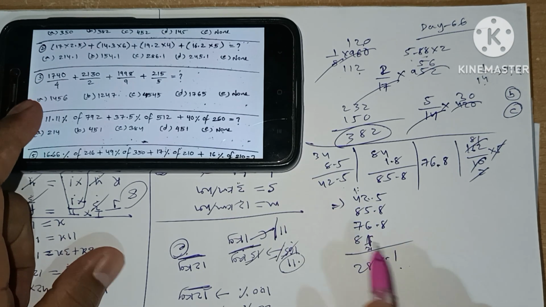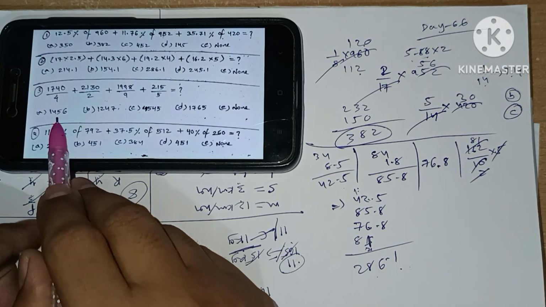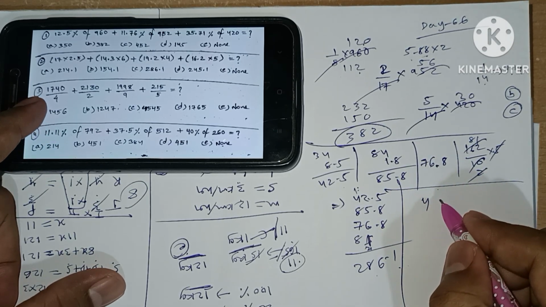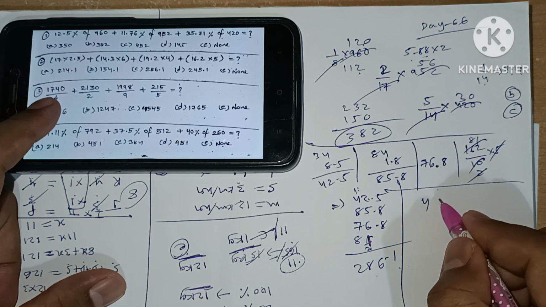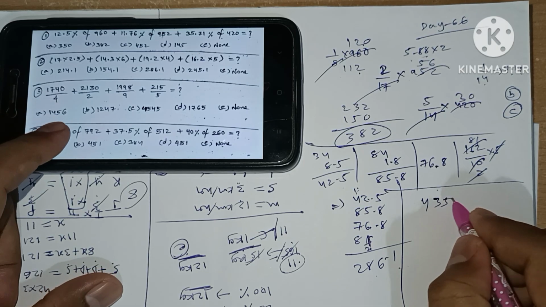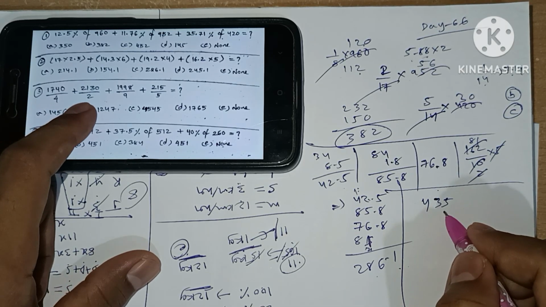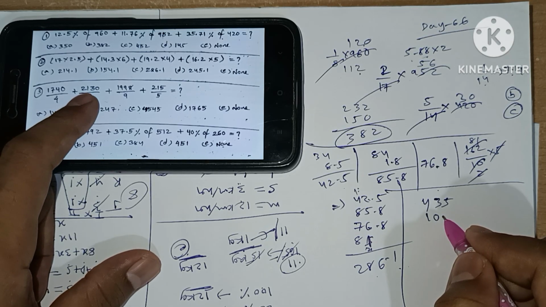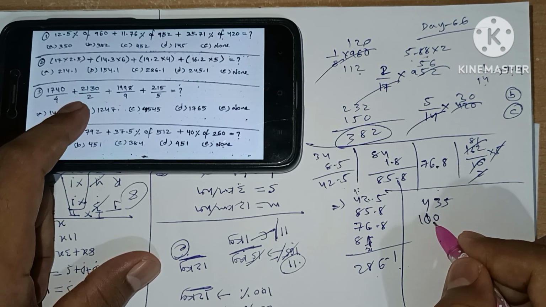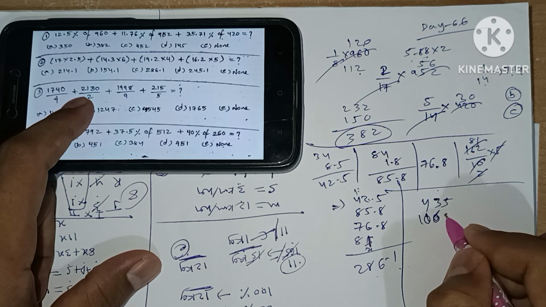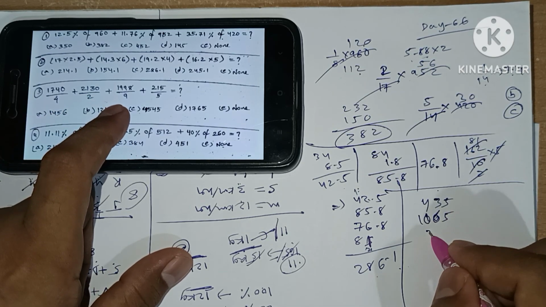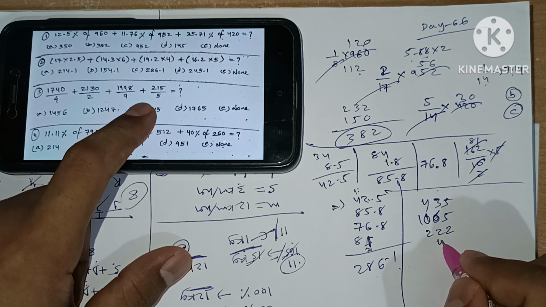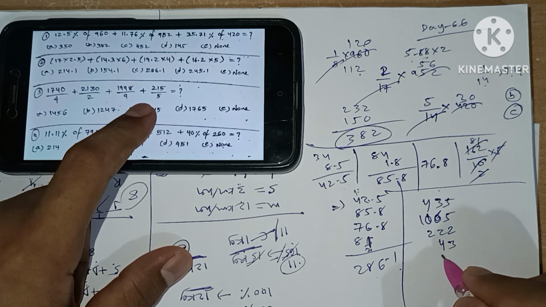Now the third question is 1740 divided by 4. 4 times is 16 and left with 140, which means 435. Then 1065, 9 2 times 18, and 2 times 5 4 times 20, and 4 3 times 5 3 times.